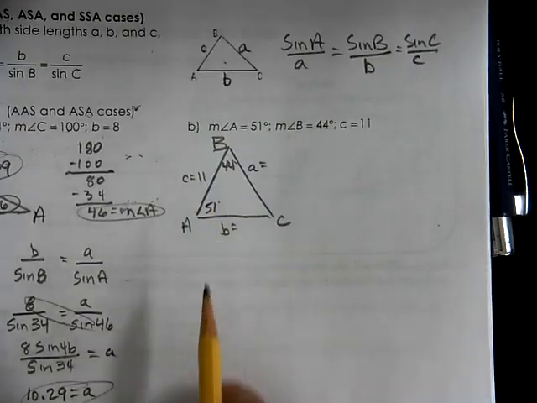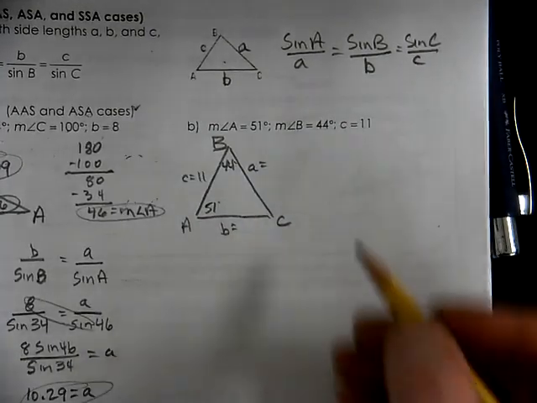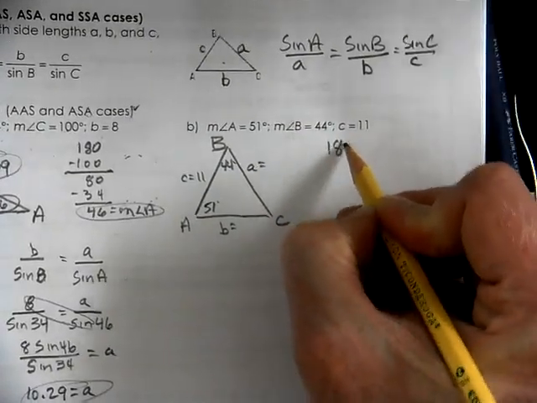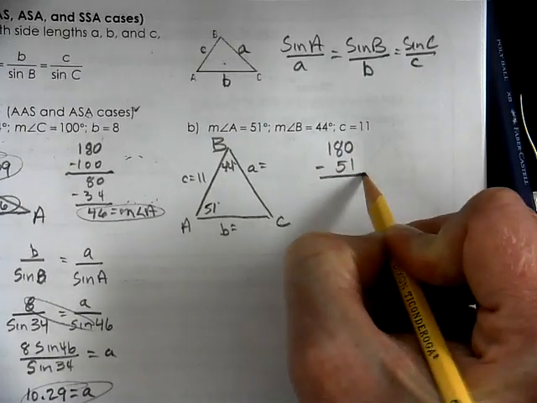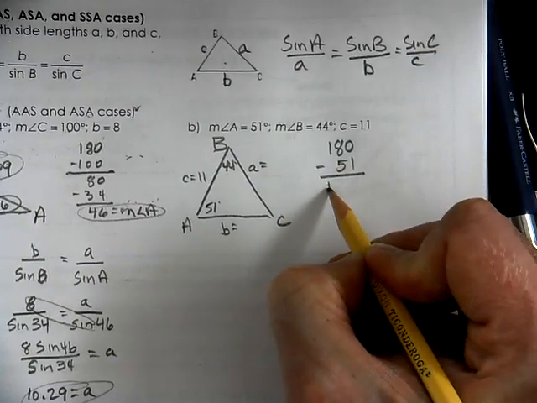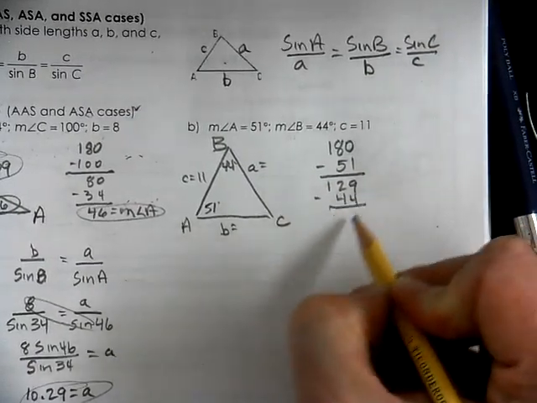Because you know 2 angles, you can subtract from 180. Nice job. So we'll minus 51. So that's 129 minus 44.